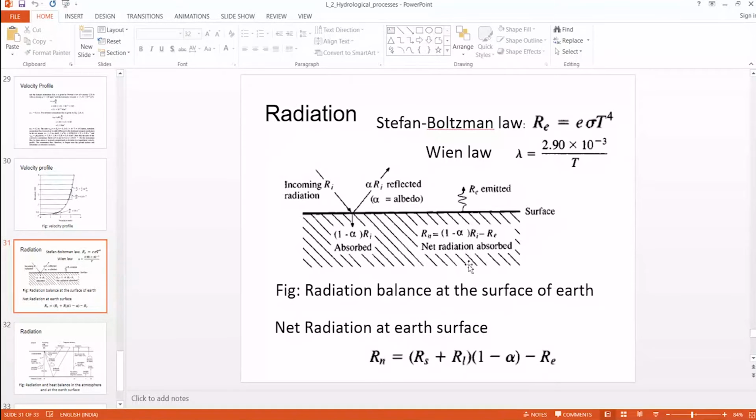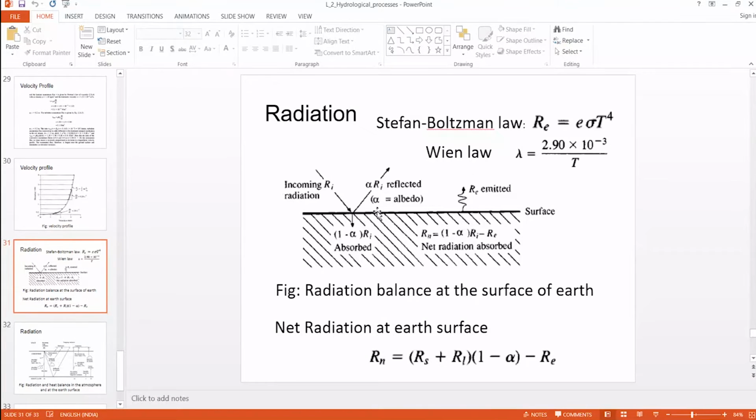This is the radiation. This is the earth, and this is incoming radiation from the sun, also called incident radiation. When the radiation hits the earth surface, partly it is reflected and partly it is absorbed, and part of the absorbed radiation is again emitted back.